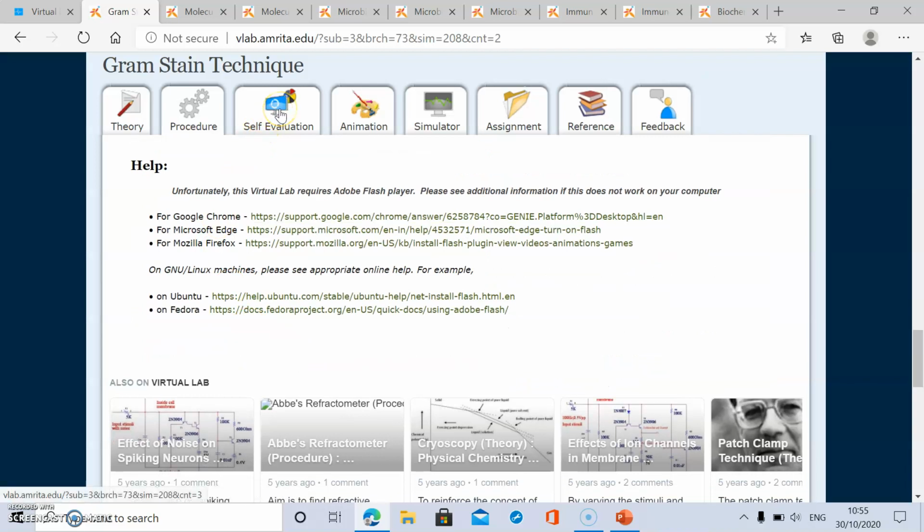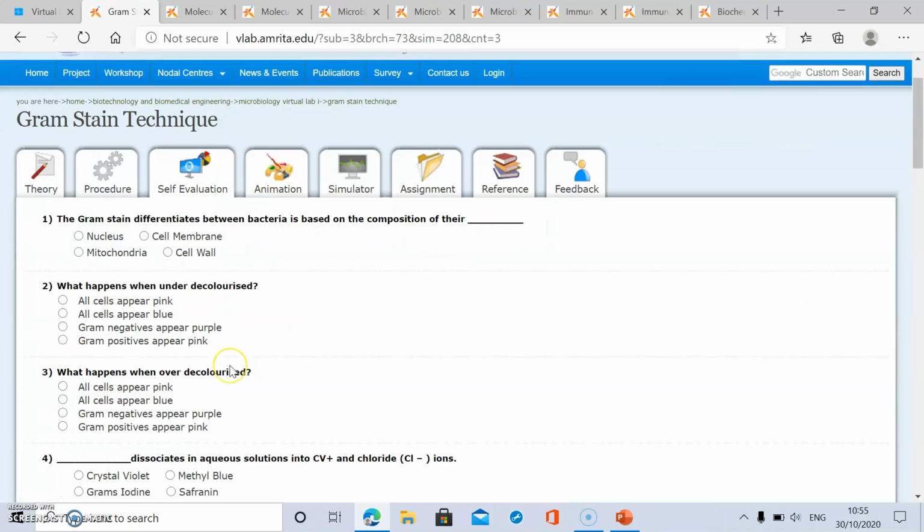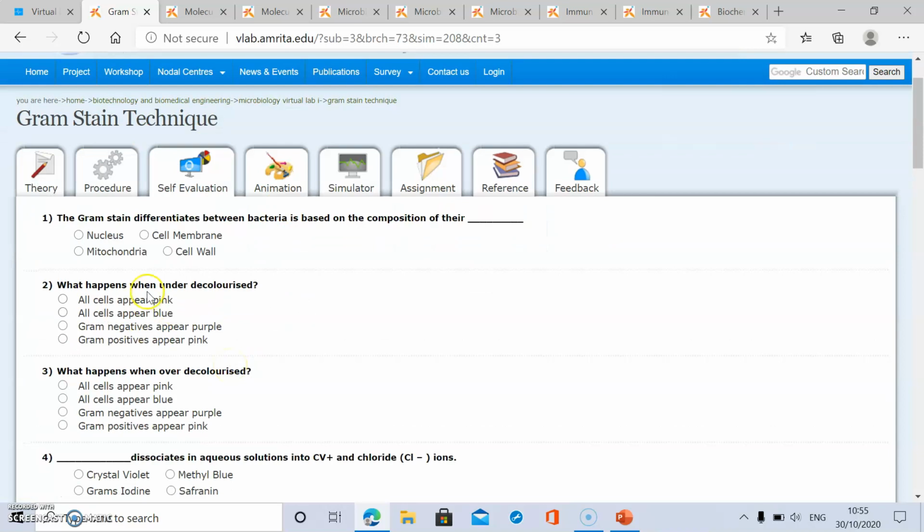Another section is self-evaluation. These are the questions, and these questions must be solved, which shows whether the candidate has understood the experiment or not.